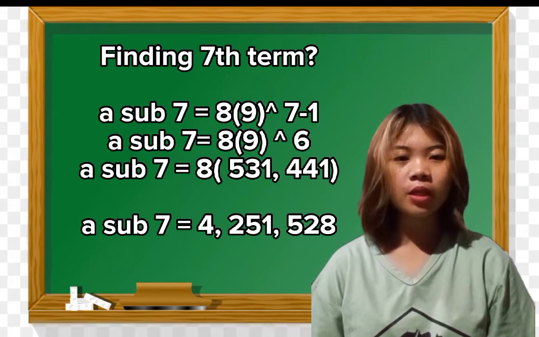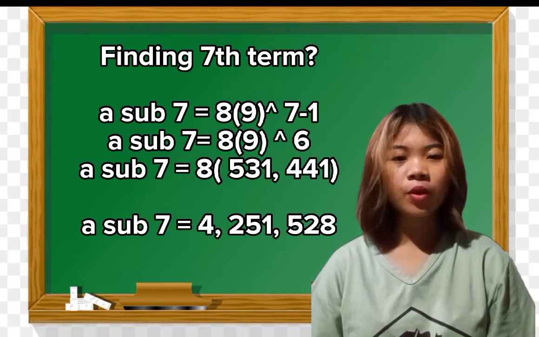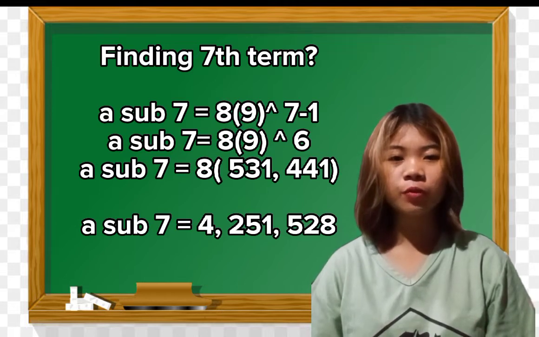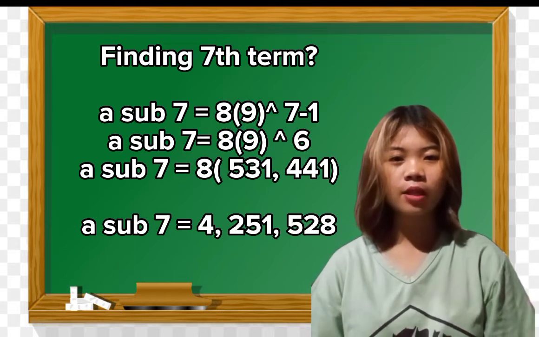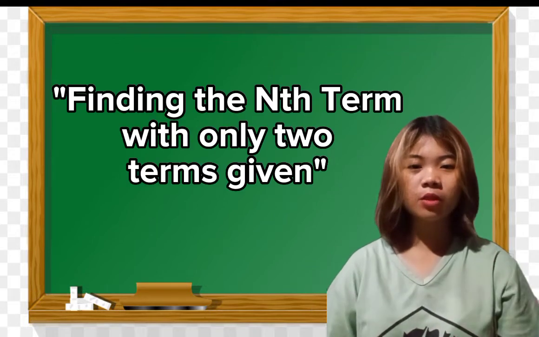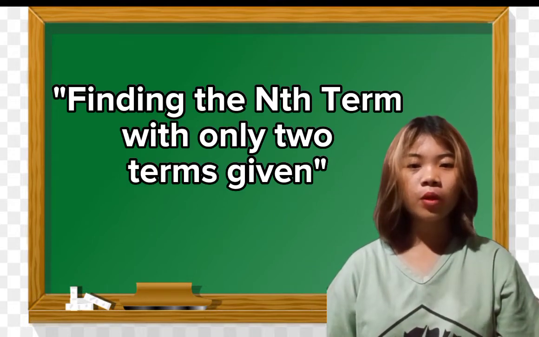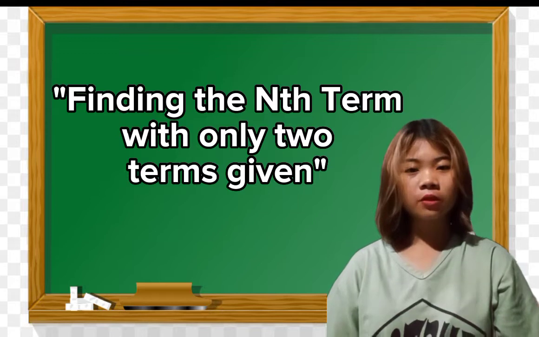A sub 7 equals 8 times 531,441 is 4,251,528.